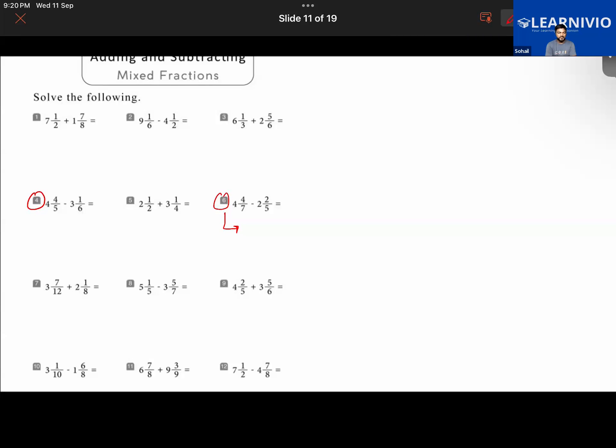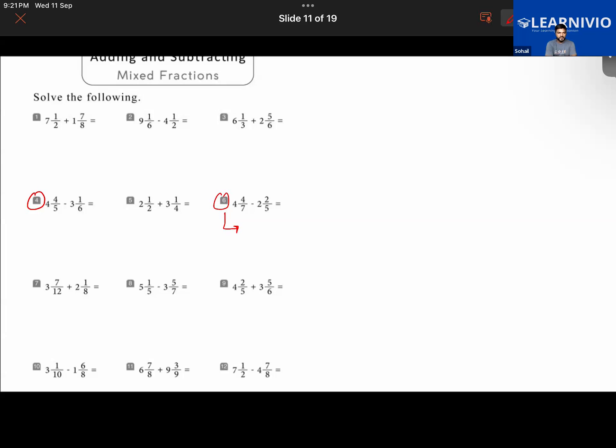First step, I multiplied 4 by 5, that's 20, and then I add 4, that is 24. Then I multiplied 3 by 6, that equals 18, then plus 1, 19.